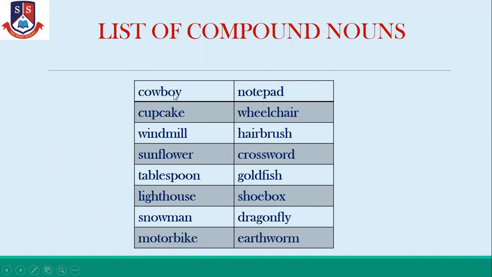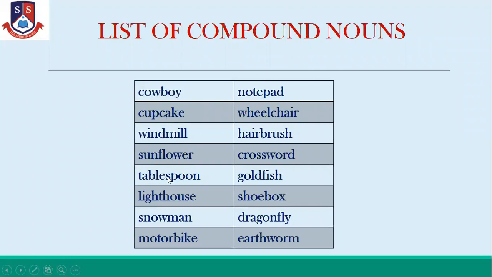Very good. Now we come to the second one. Cup is the one word and cake is another word. When we join together, it becomes cupcake. Wind and mill, it becomes windmill. Sun and flower, it becomes sunflower.